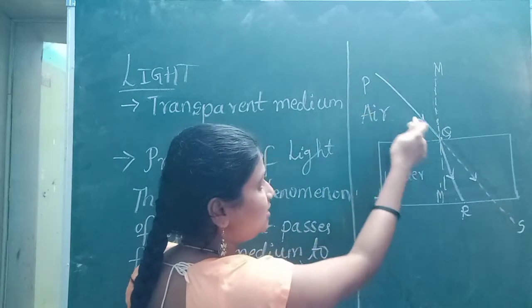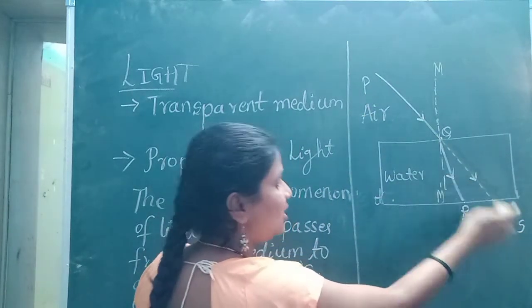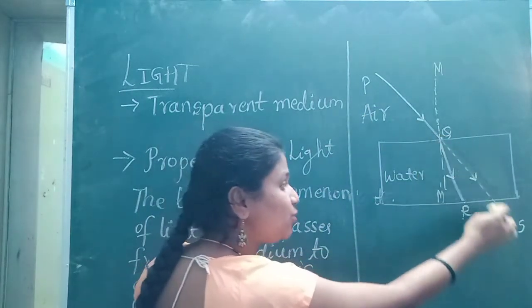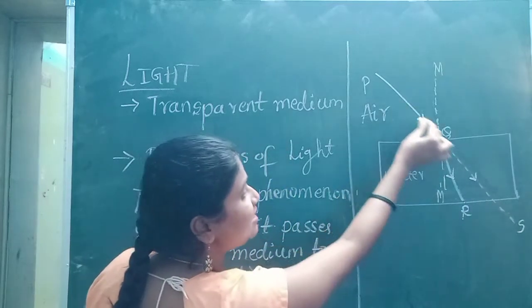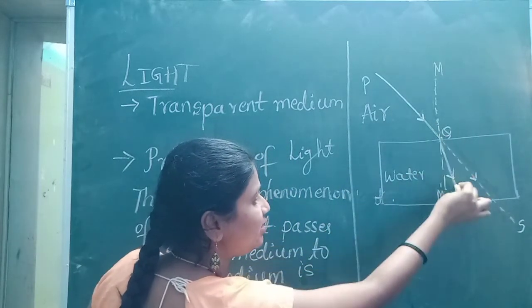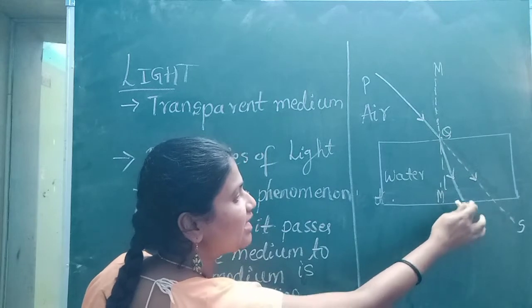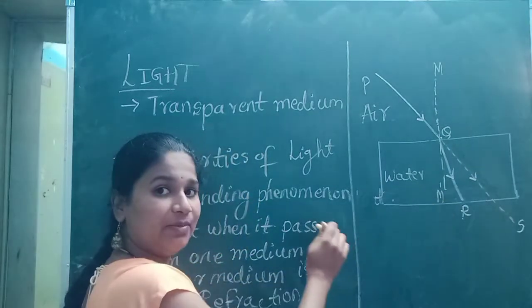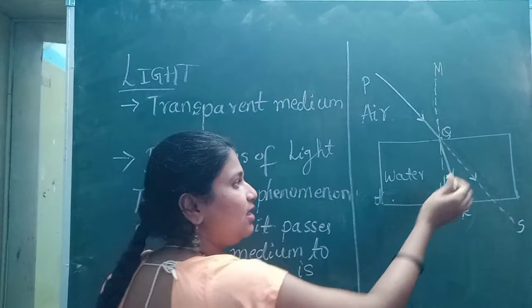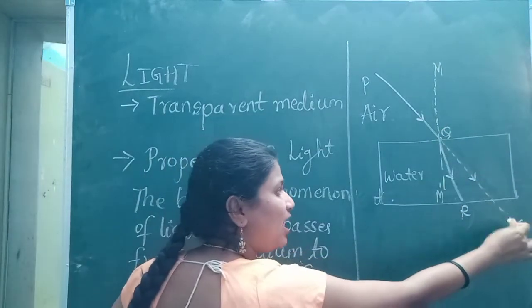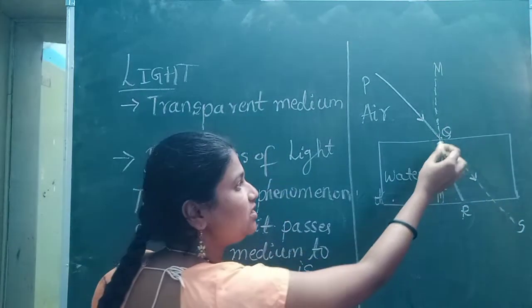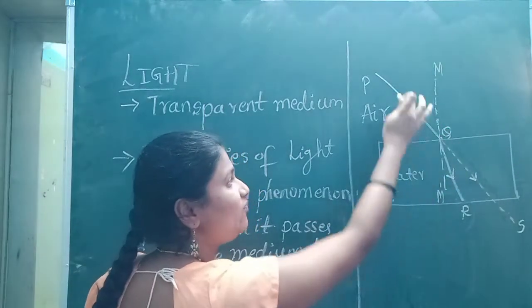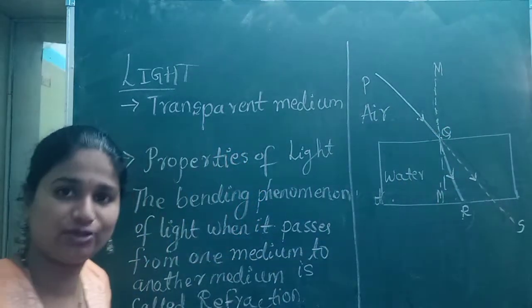You can see this path, PQS. Instead of following the PQS path, the incident ray PQ is bent and it reaches the point R in the water medium. Instead of following this path, it followed this path. So this bending phenomenon of light is called refraction.